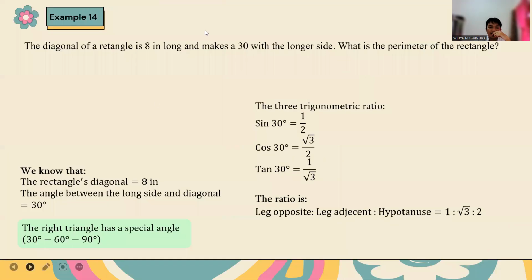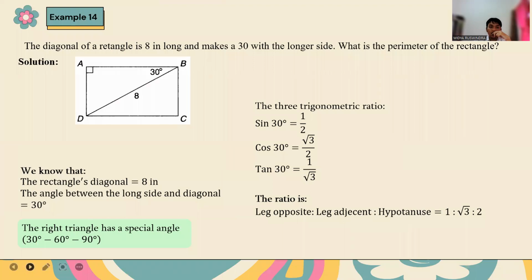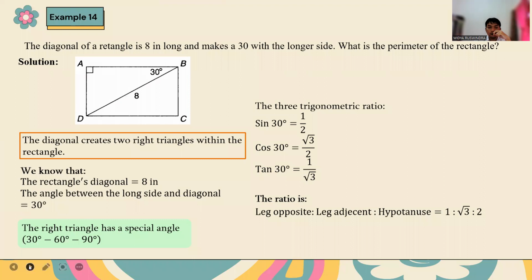Next, this is example 14. The diagonal of a rectangle is 8 inches long and makes 30 degrees with the longer side. What is the perimeter of the rectangle? So this is an illustration of the rectangle.